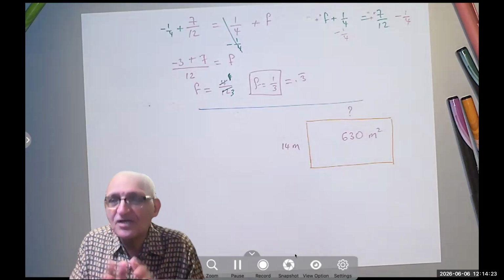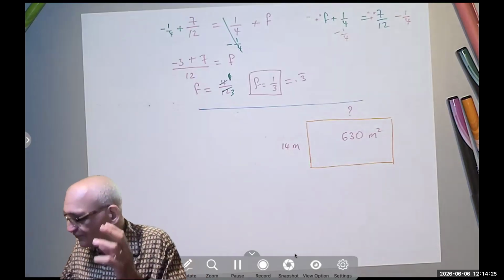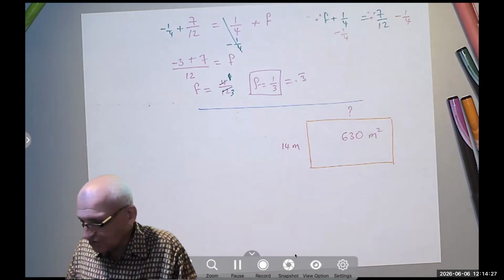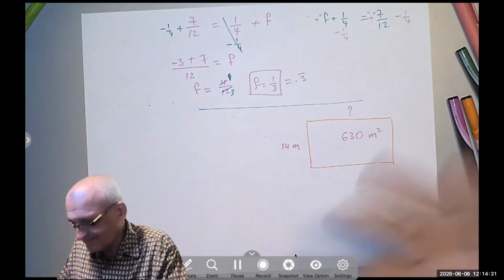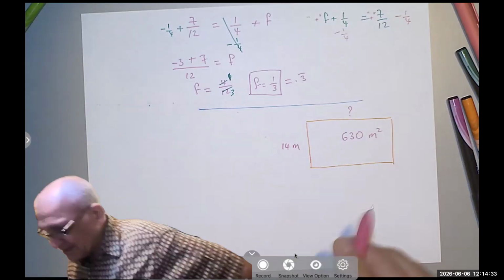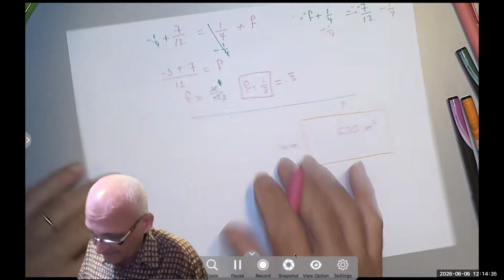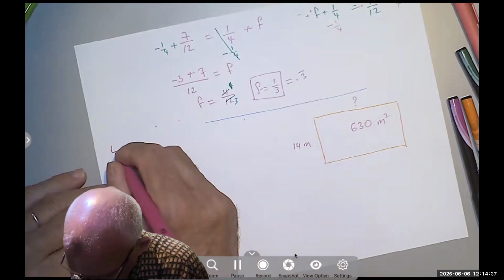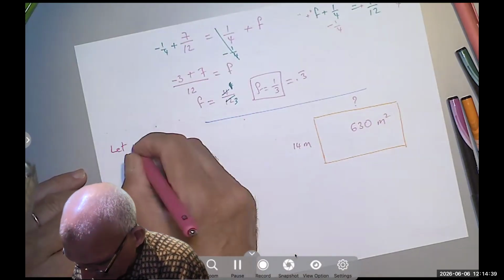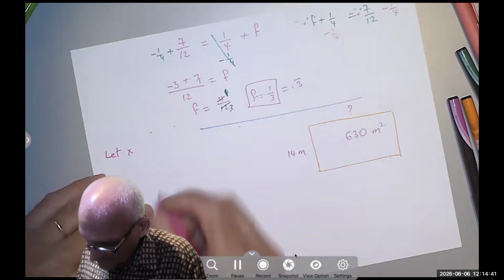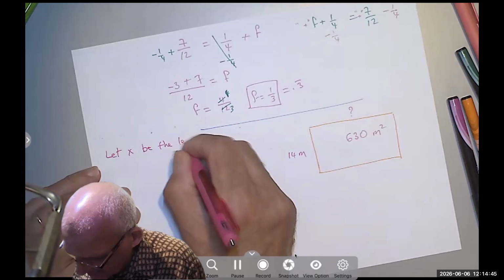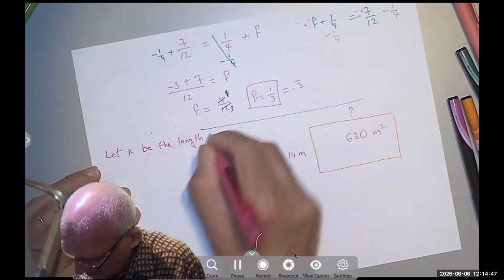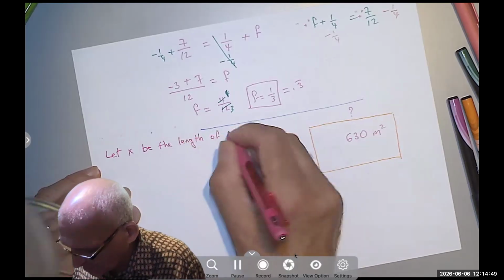This is a key here. This is not a common mistake, but a common confusing thing for students. In this case everybody will write it correctly, but you have to make it specific. You have to say, let, for example, X or L be the length of the piece of land or of the rectangle.